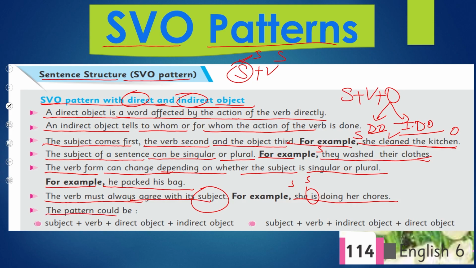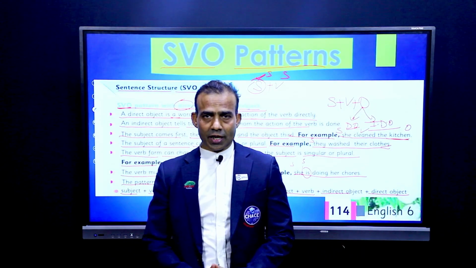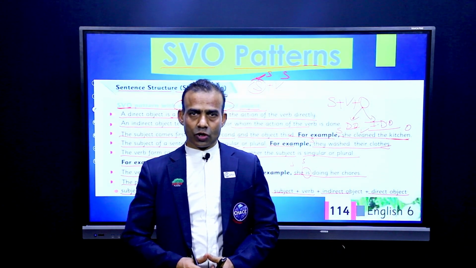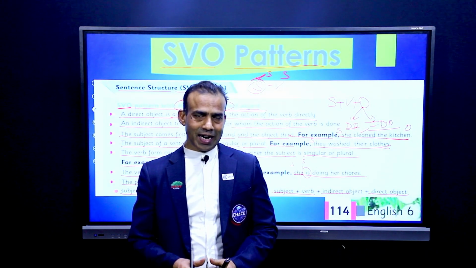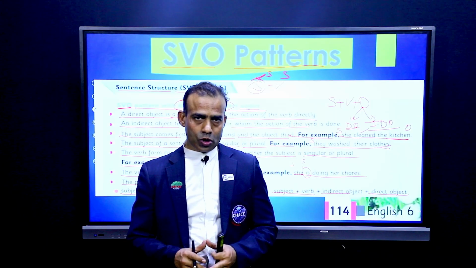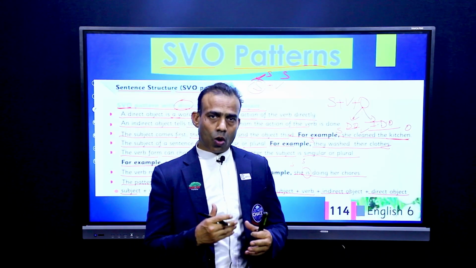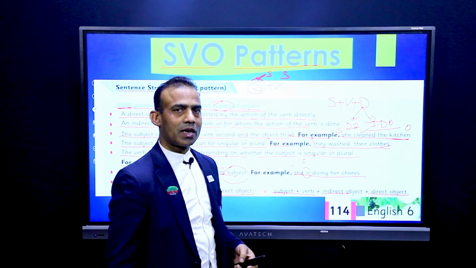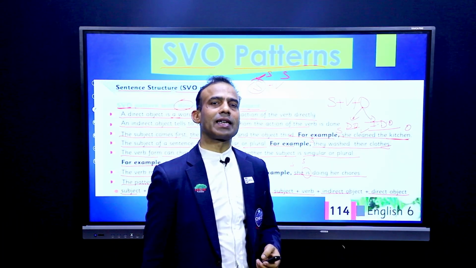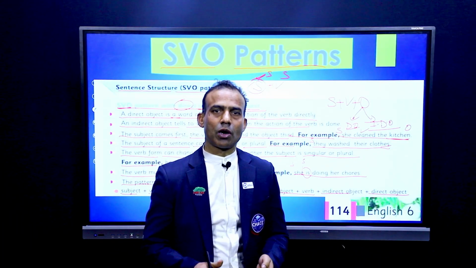The pattern could be subject, verb, direct object, indirect object, or subject, verb, indirect object plus direct object. So, dear students, you have already learned and now you also know about all these patterns. Let's move to the next slide and have some more knowledge about these patterns.